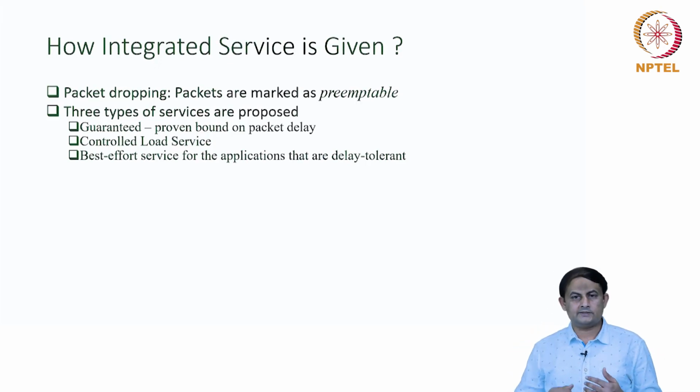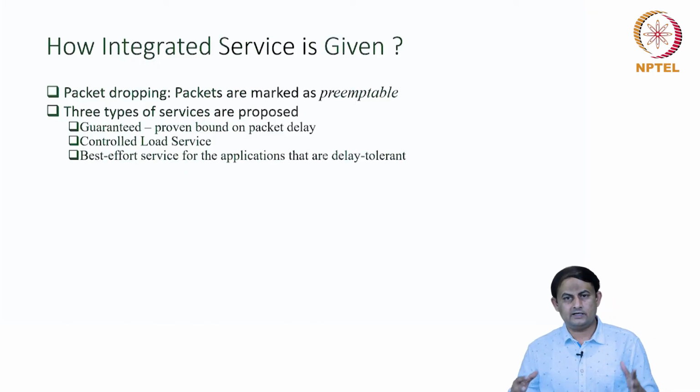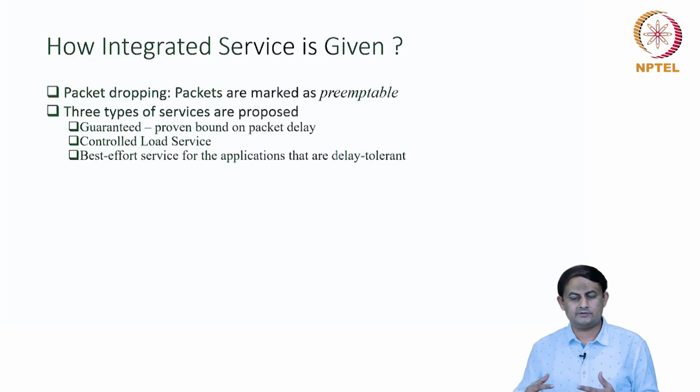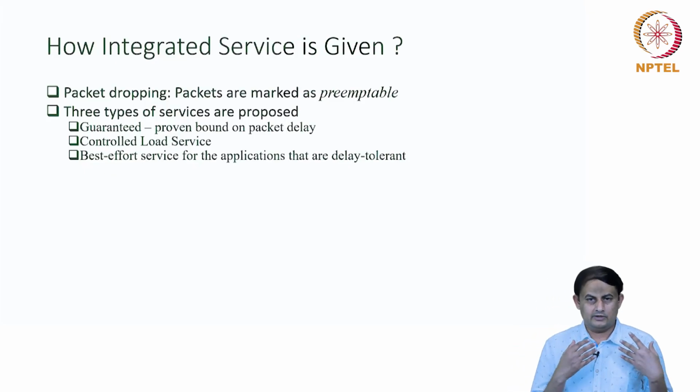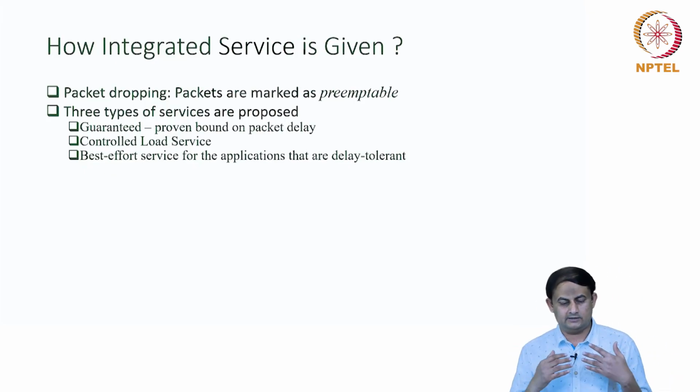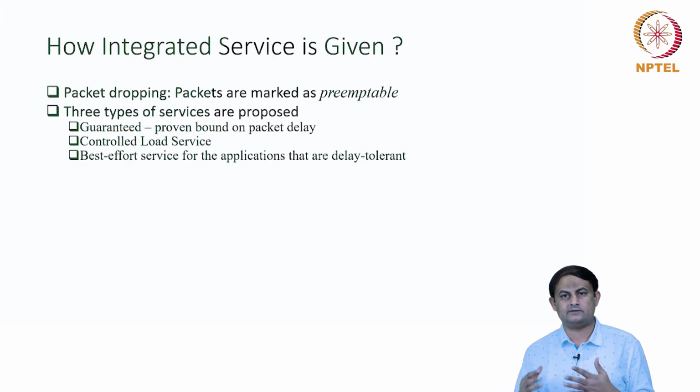What it means is the application tells you this is my requirement, and the guaranteed service model tells you that I will guarantee to meet that requirement that you set. So if the application says that my bandwidth requirement is, let's say, 10 Mbps, I will guarantee you that all the time I'll provide you 10 Mbps. How does it provide?